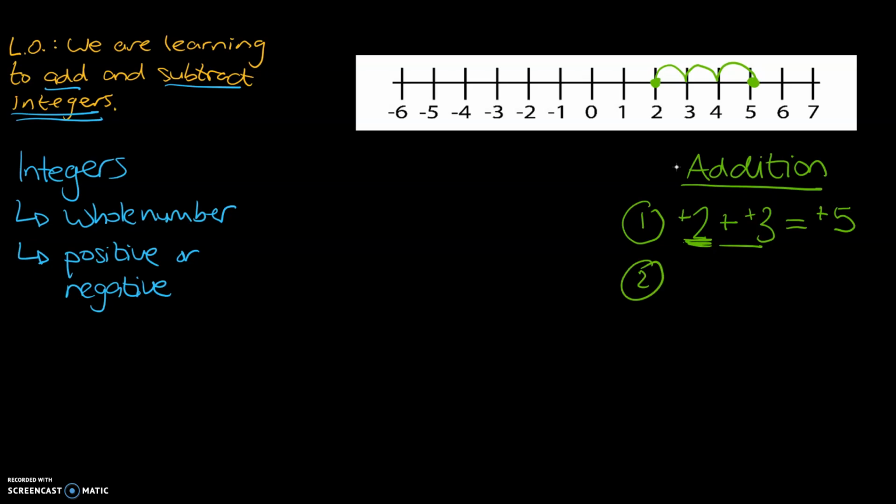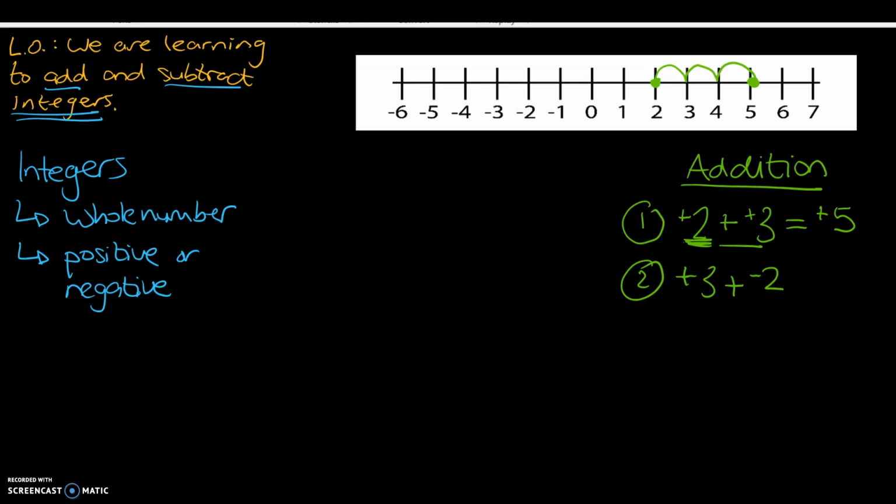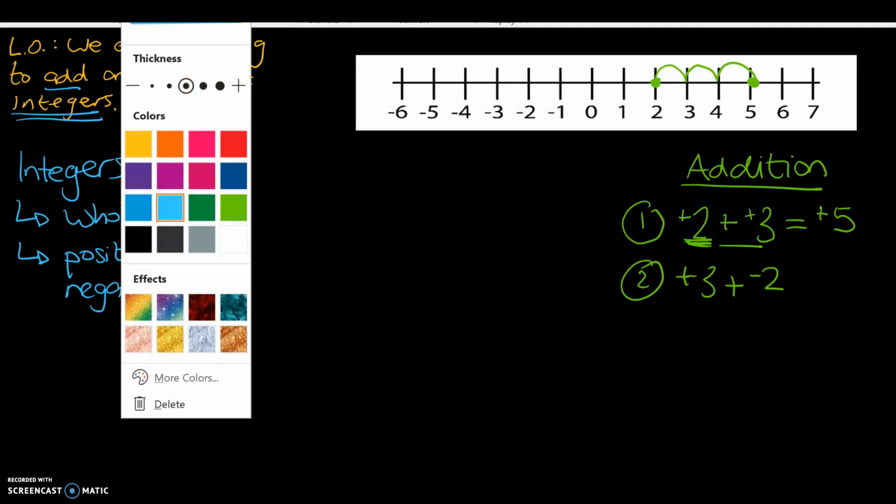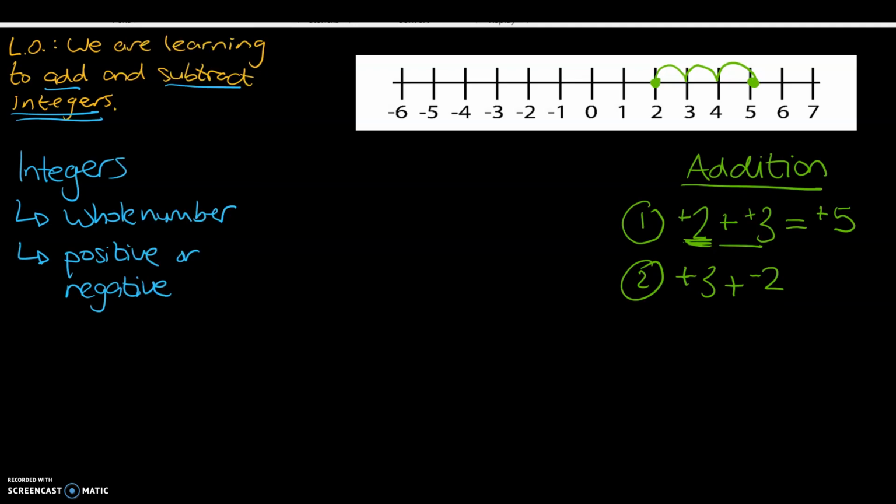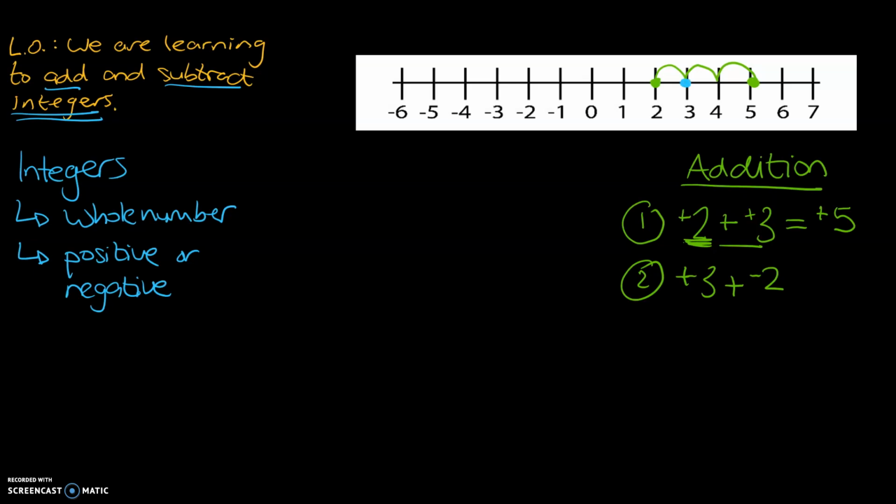Let's have a look at number 2. The next question, positive 3 plus negative 2. The key thing here is we are trying to add a negative number, which is a bit of a weird concept. So let's change the pen color so we can draw that better on our diagram. We're starting off at positive 3, so I've done that in blue. And we are increasing it by negative 2.